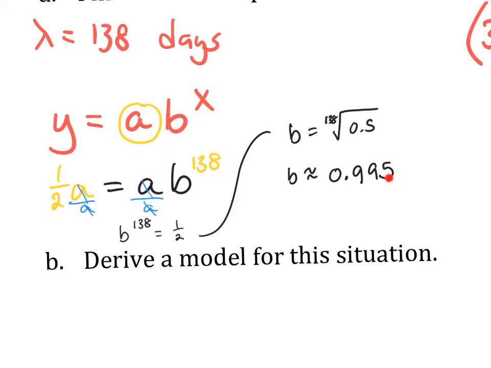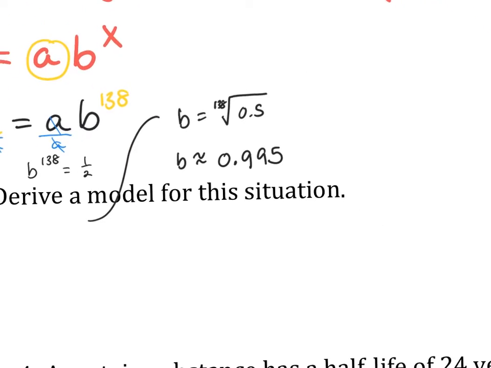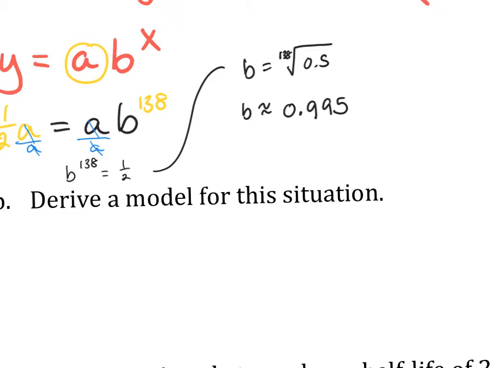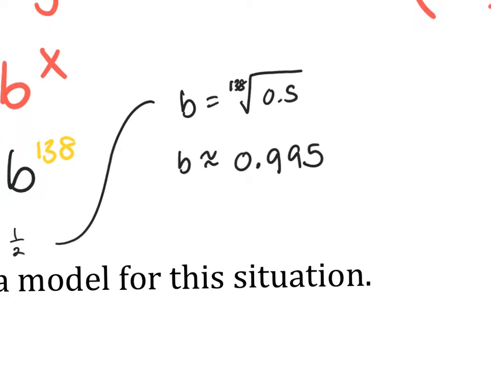So I can interpret this clearly because this is under 1. I can say it's a decay. On top of that, I can actually calculate what the decay rate is. It's decaying by the difference between 1 and this, so it's a really, really small amount, 0.5%.